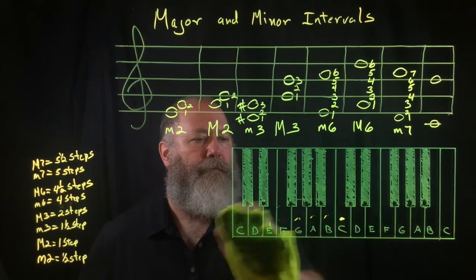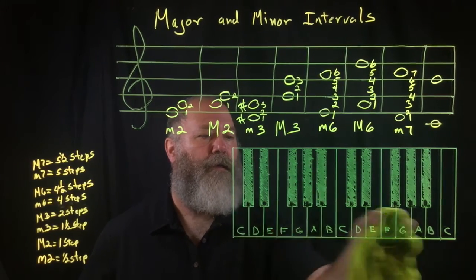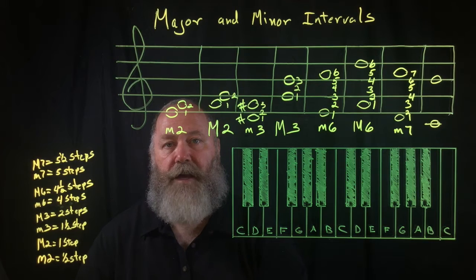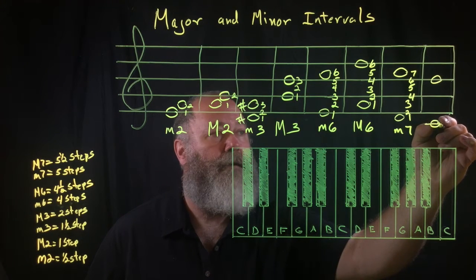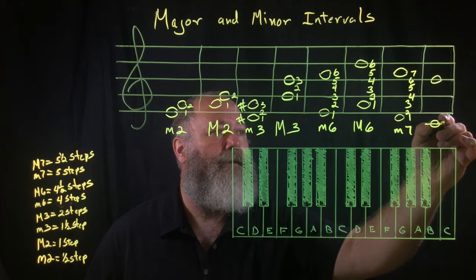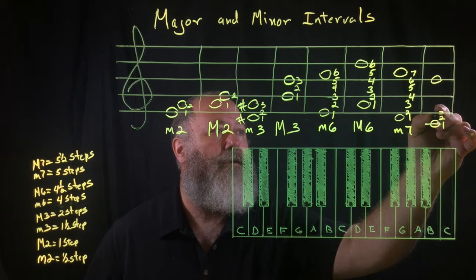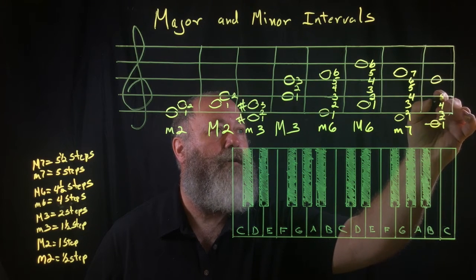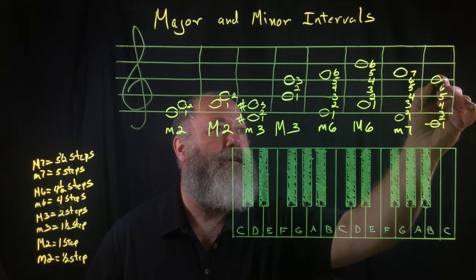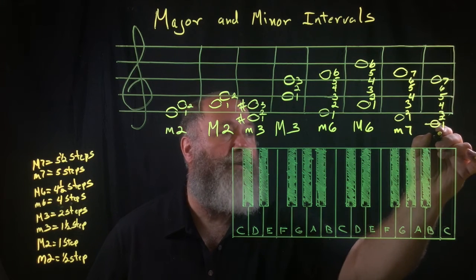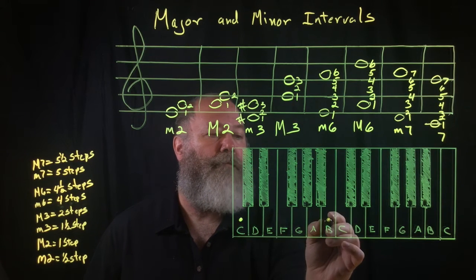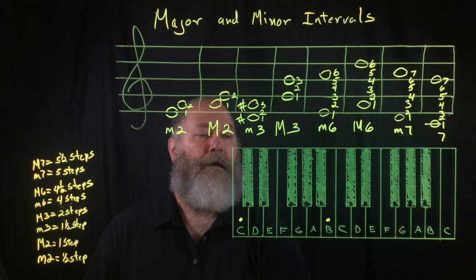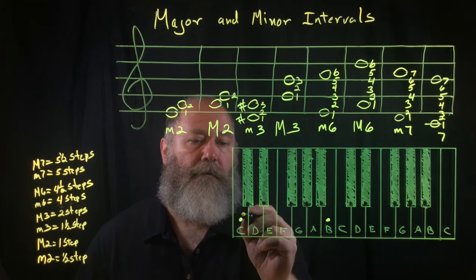Okay. And our final example. Let's start by counting the lines and spaces. 1, 2, 3, 4, 5, 6, 7. So it's some kind of seventh. And the notes are C and B. Now, if we count the steps, here we go.